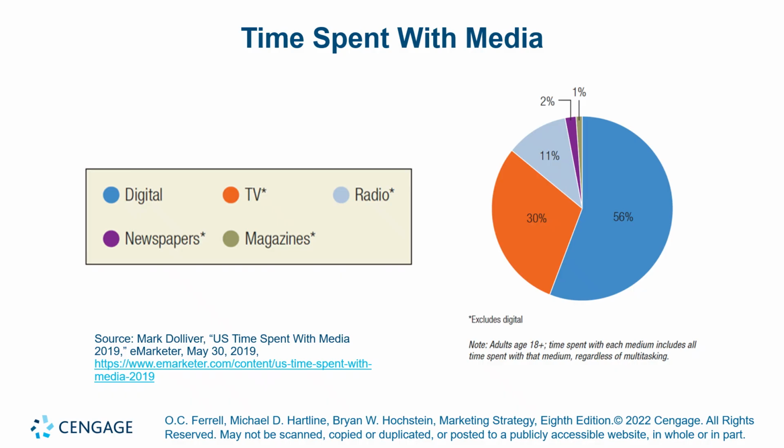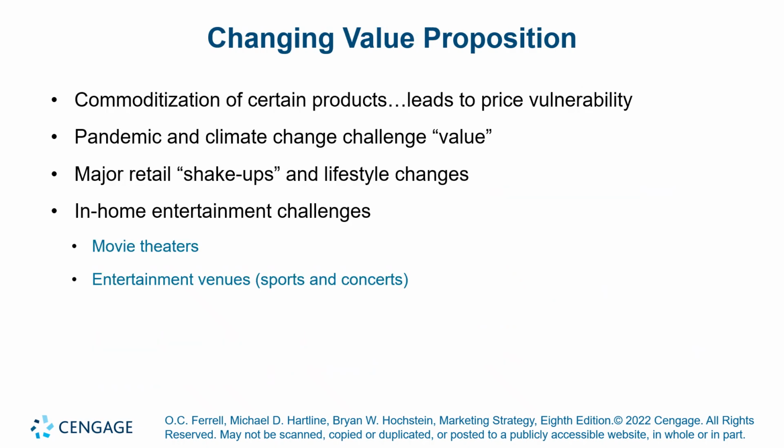So 56% of time is spent on digital media, 30% on TV, 11% on radio, only 2% on newspapers, and 1% on magazines. You can clearly see the trend. You know where the marketing dollars, advertising revenue are going.